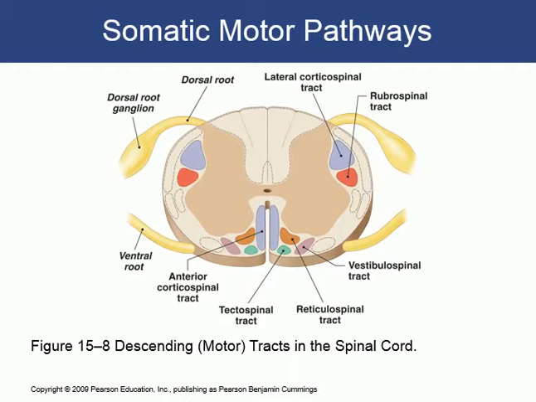These are examples: rubrospinal, corticospinal, vestibulospinal, reticulospinal, tectospinal. If you start from corticospinal, where does it start from? Cortex, and goes to the spinal cord.